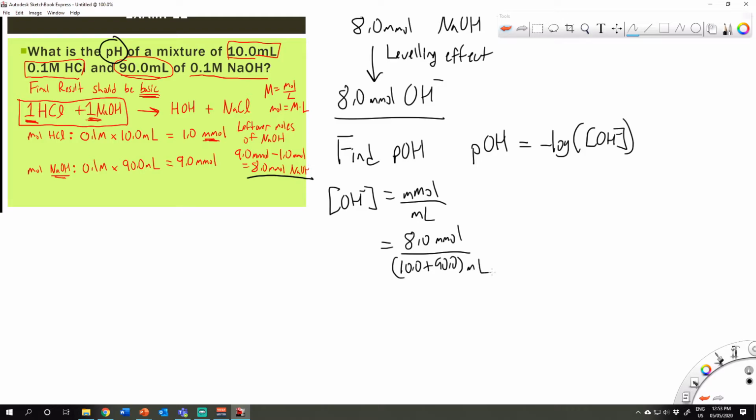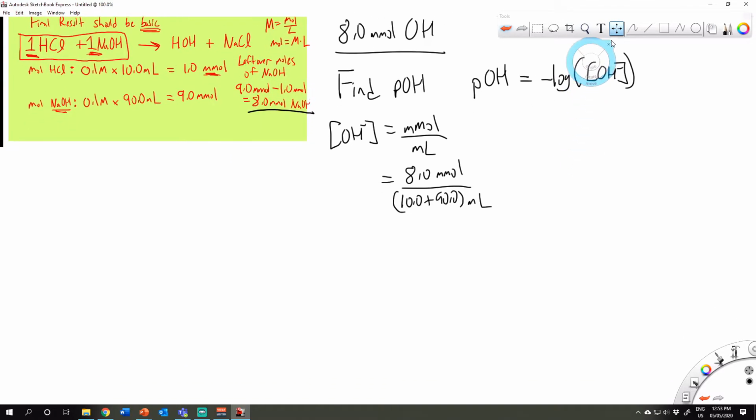Okay, so keep this in mind. Because we're mixing these two things together, the actual volume does change. So this will be 8 millimoles over 100 milliliters to give us a total concentration of 0.08 molarity.